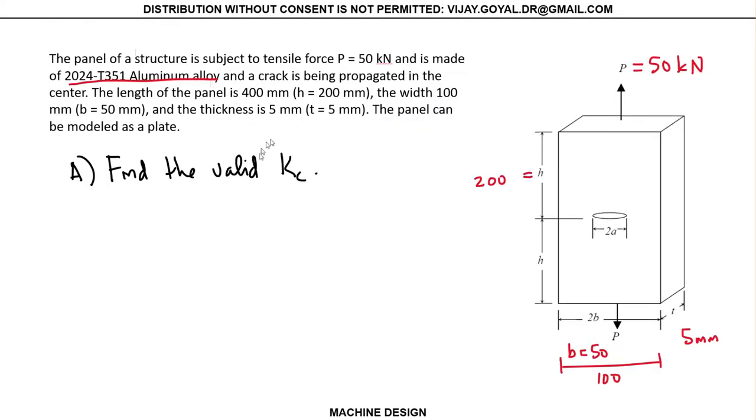So therefore, the two values I'm going to use are these two values. Okay, so I know from the problem that KIC, plane strain KIC, is 34 megapascal square root of meter. And I also know my sigma yield, that's 325 megapascals. Okay, this comes from the table again.